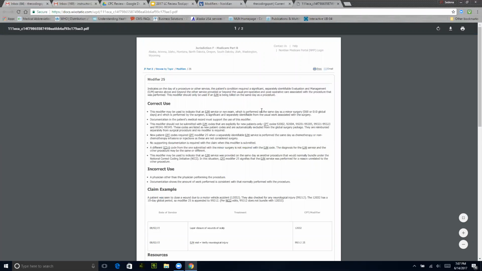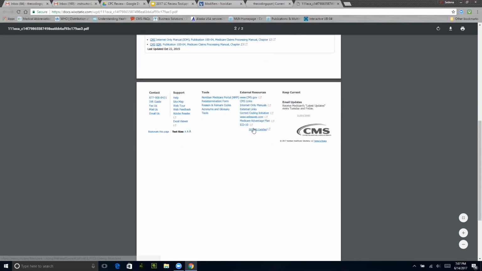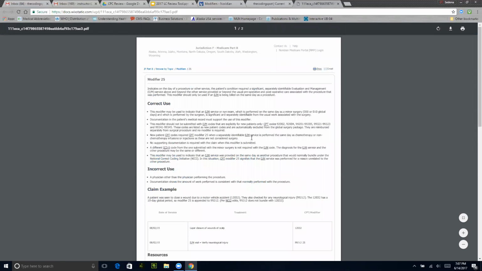So for modifier 25, this is a CMS MAC. The MAC for CMS for Arizona is Noridian. And if you don't know what MAC means, it's basically the Medicare administrator for Arizona.